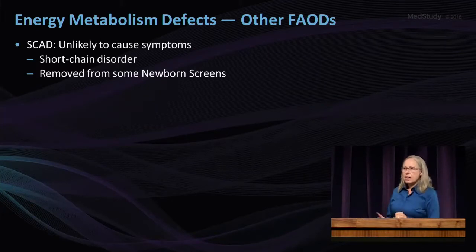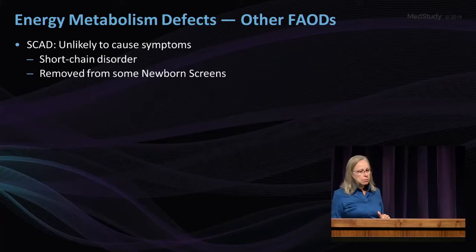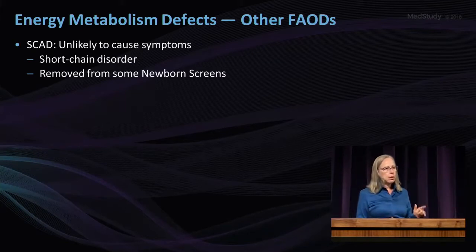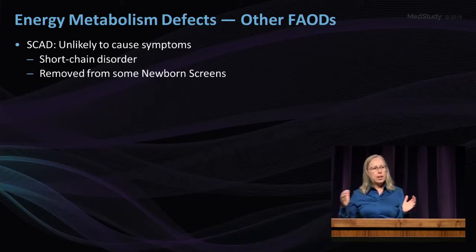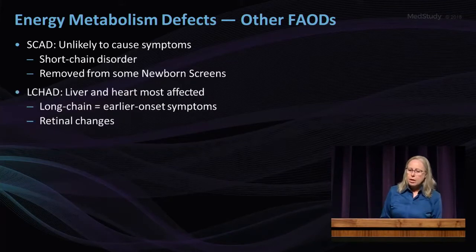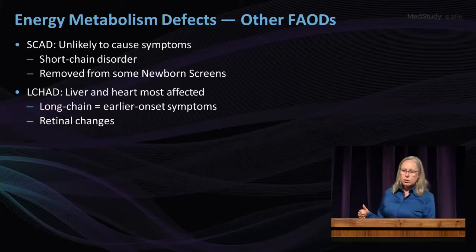So other fatty acid oxidation disorders, short chain is unlikely to cause symptoms, and it has been removed from some newborn screens because we think it's a non-entity. You're getting all the energy you need, and if you can't do the last couple of steps, it doesn't cause you health problems. Long chain, the liver and heart are most affected. You get an earlier onset of symptoms and retinal changes.